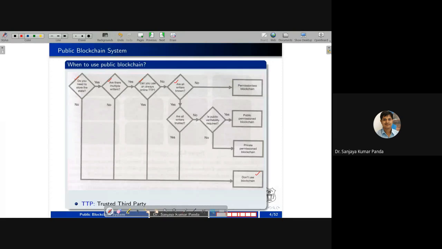But are all writers known? If your answer is no, you don't know who is writing with you, who is appending a particular transaction with you, then you can go for a permissionless blockchain. Because you don't know who the person is, it is a public blockchain only, right? But it is a permissionless blockchain. But then the next question we are asking here is, are all writers trusted?